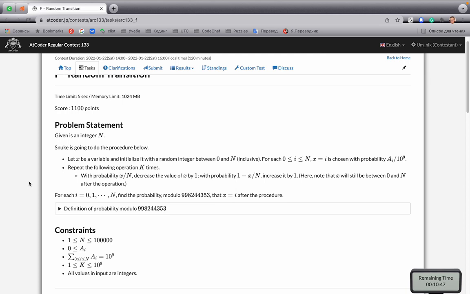Well, then we have some starting distribution, multiplied by some fixed matrix k times.